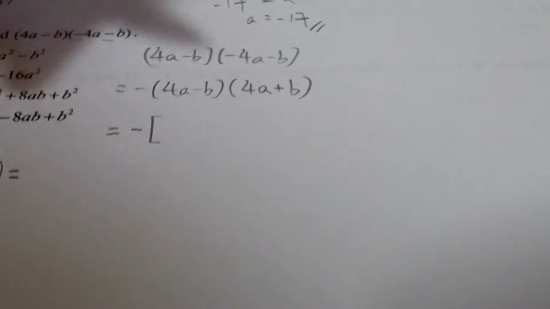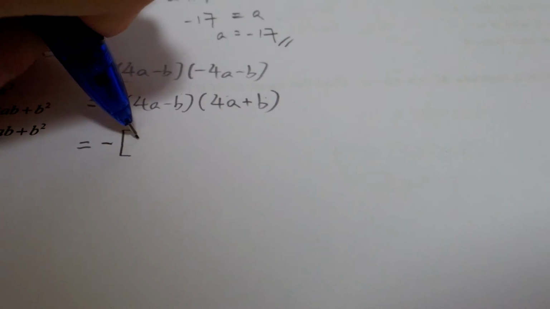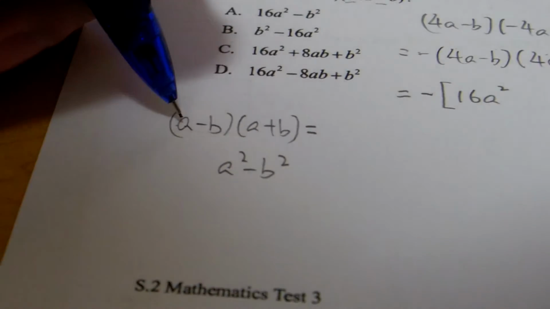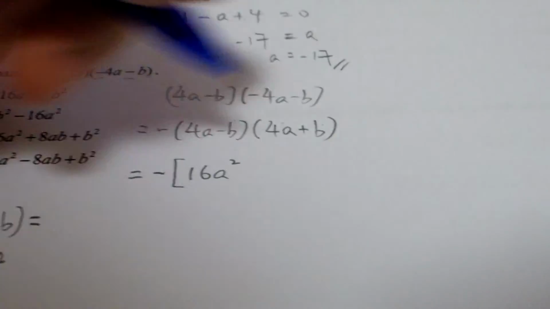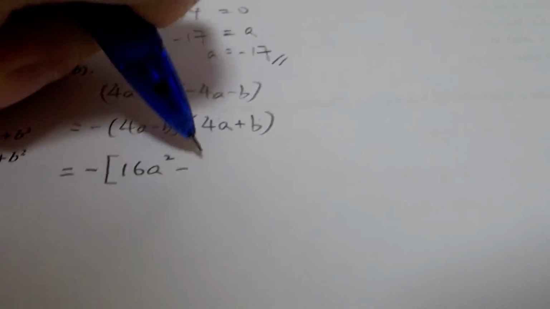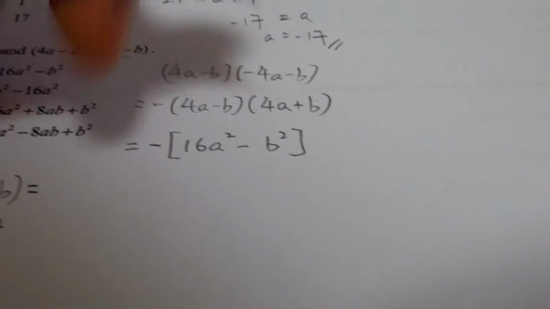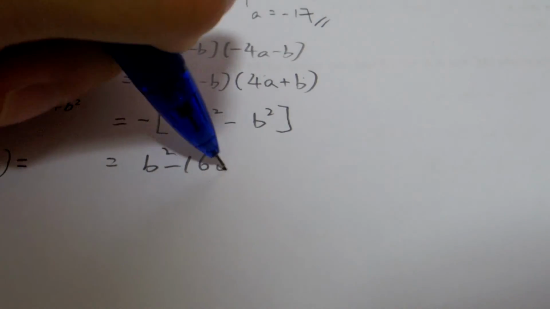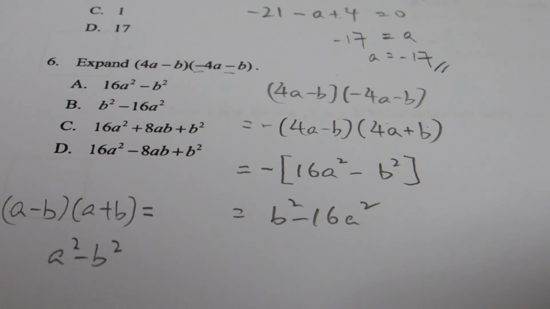Which means I would like to add a bracket here because I have a negative sign out there, which means the square of this one, the square here. So I have this, and then minus b square, and don't forget the negative sign, which means you have this thing. So obviously you can find the answer should be B.